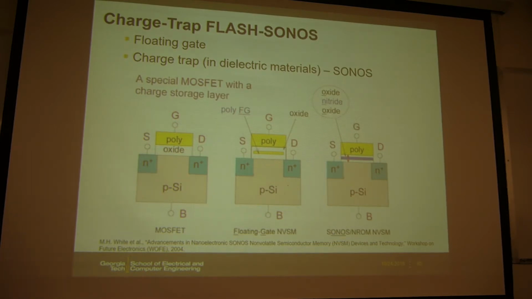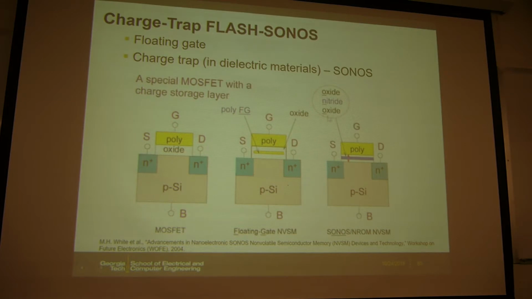So this one is called the charge trap cell, or sometimes it's referred to as SONOS, S-O-N-O-S. So basically the difference is in the gate stack here. Previously we have the floating gate, which is based on the polysilicon.